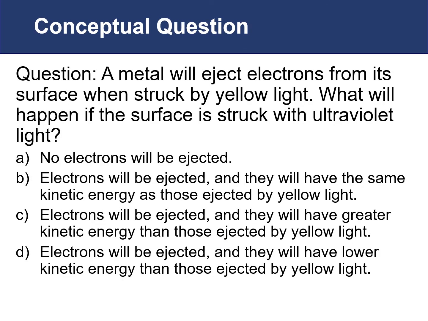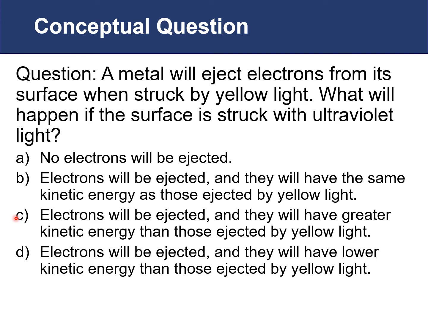So to finish, let's look at a conceptual question relating back to the photoelectric effect. A metal will eject electrons from its surface when struck by yellow light. What will happen if the surface is struck by ultraviolet light? No electrons will be ejected, and they will have the same kinetic energy as those ejected by yellow light.